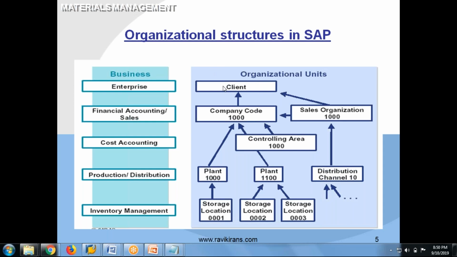Client is installed automatically by the basis consultant.